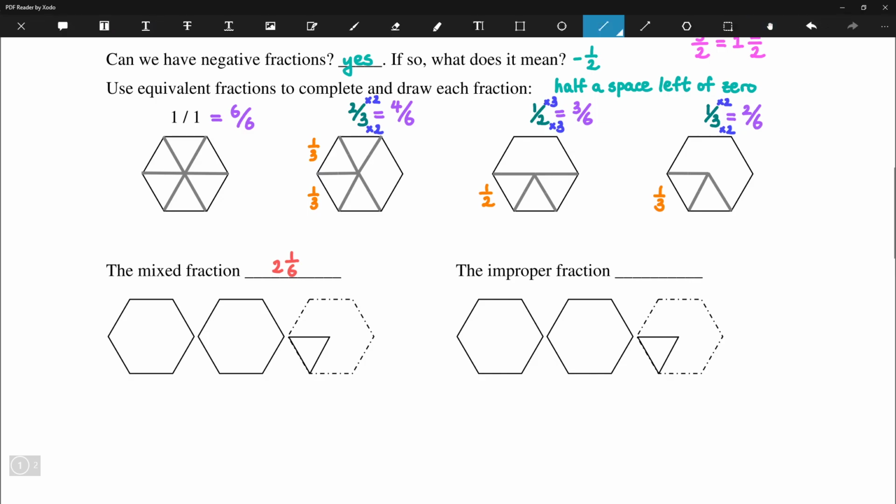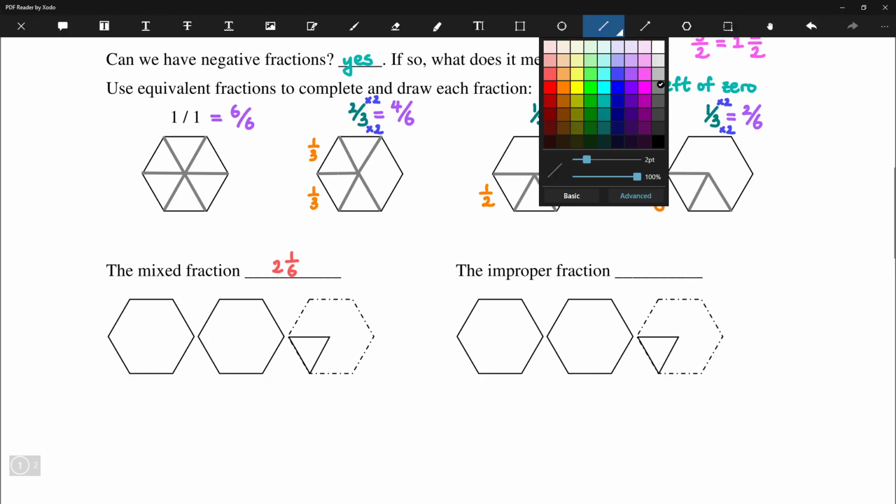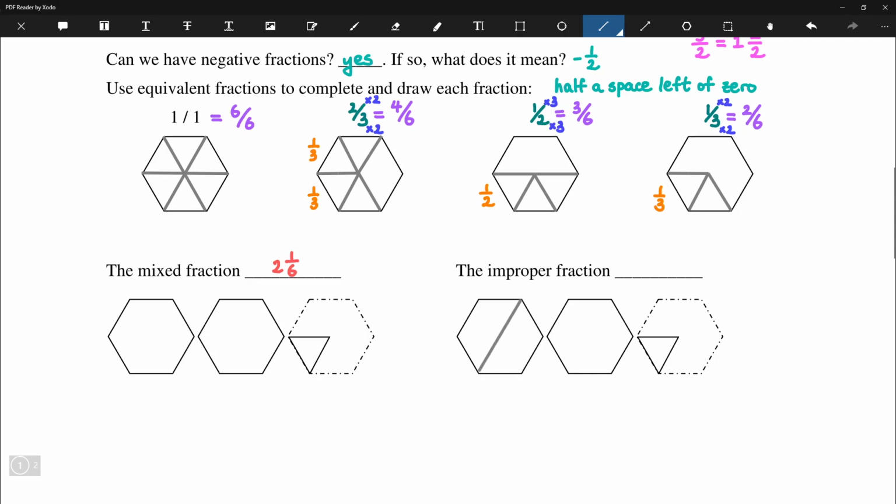Now, if we were to rewrite that as an improper fraction, notice here we can divide both the hexagons into 6 triangles. And we have here, let's see, this is 6 triangles, so 6/6.